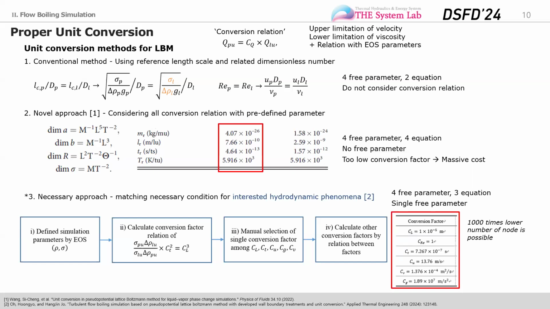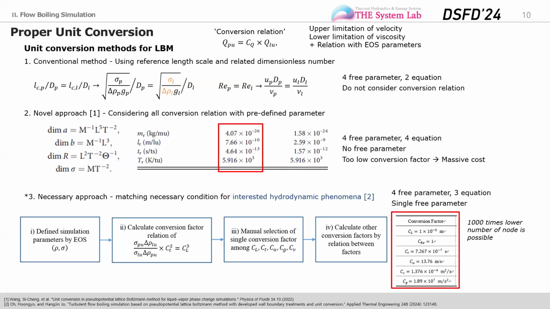A novel approach considers all conversion relations with predefined parameters such as the repulsion parameter or attraction parameter, gas constant, and surface tension of the equation of state. This can use four equations for four free parameters, so it can convert the whole relation, but it has too low conversion factors, so it needs massive cost to simulate at millimeter scale.